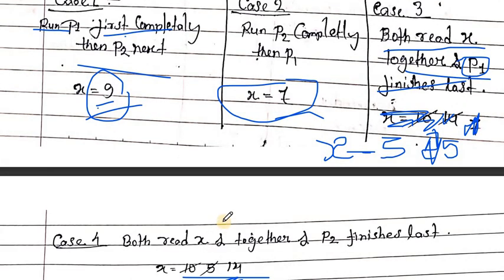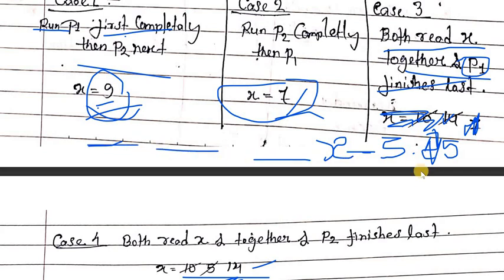If we don't provide a condition for which process will execute when, the final result may vary. It becomes 9, it becomes 7, it becomes 5, it becomes 14. Okay, so we need to provide proper synchronization.